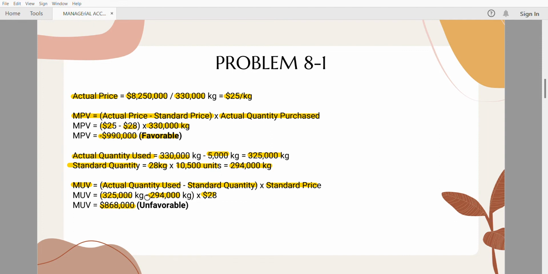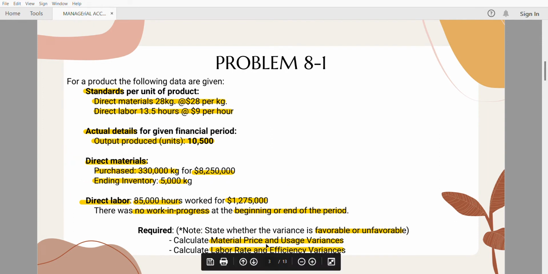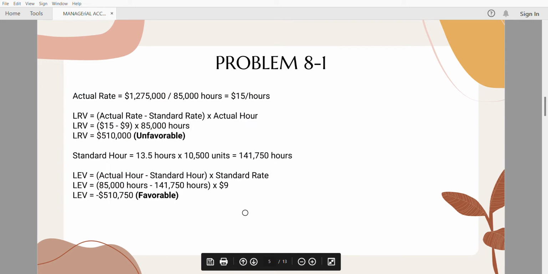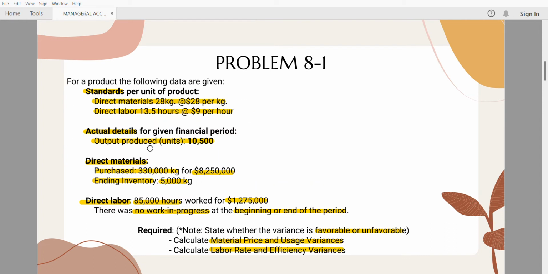Okay, next we have labor rate and efficiency variances. For labor rate variance, the formula is actual rate minus standard rate, times actual hours. For the actual rate, we don't have it because they only give us a bulk amount, 1,275,000.